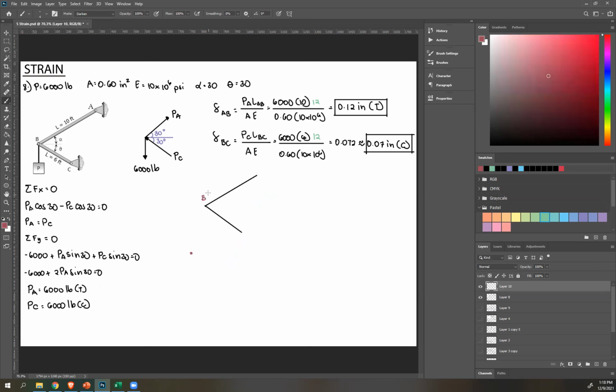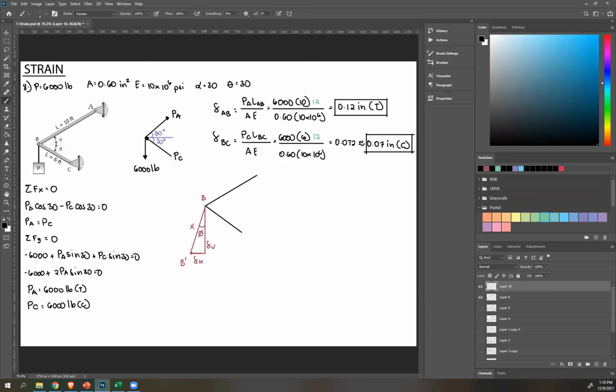Right? This is B. I'll call this B prime. And then let's call this total displacement X. This is the vertical and horizontal displacements respectively. I'll call this delta V and then delta H. Okay? And then let's call this angle phi.